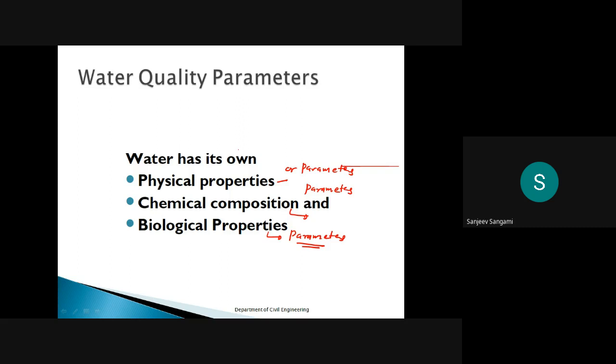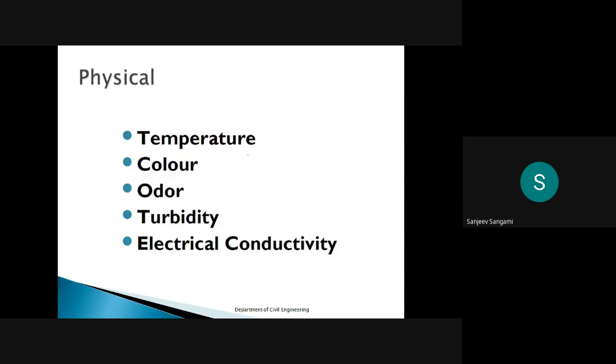Okay. So which are the physical parameters? The physical parameters include temperature, color, odor, turbidity and electrical conductivity. That IS code I'll open later and tell you which are those parameters. Okay. So these are the physical parameters.